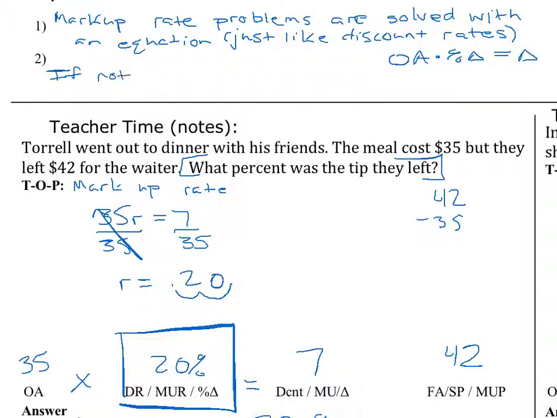If not given the markup, subtract OA and FA to find the amount of change. Let's find the change, how much it changed, that markup. Figure out what that is by subtracting the original amount and the final amount.